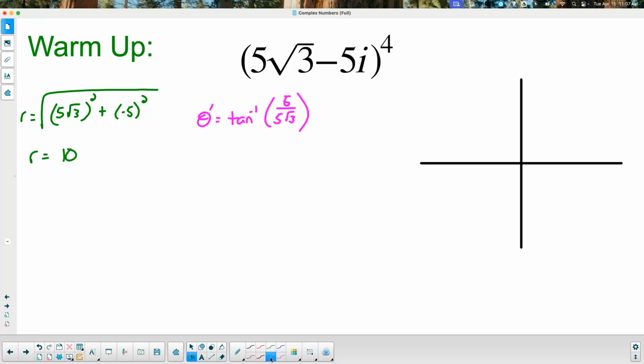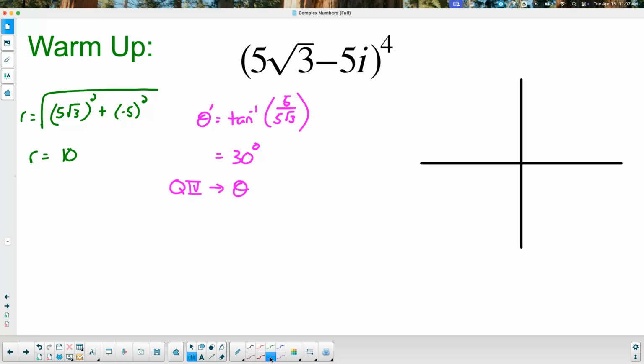And it really depends on where the square root of 3 is. If the square root of 3 is on top, it's a 60 degree reference angle. If the square root of 3 is on the bottom, it's a 30 degree reference angle. So this is a 30 degree reference angle. Then you just have to adjust for which quadrant you're in. Positive, negative is quadrant 4.